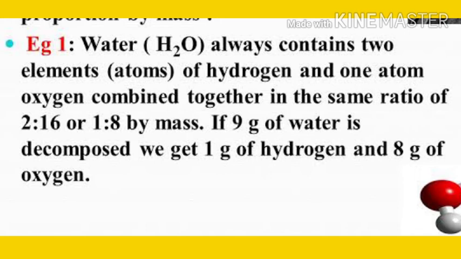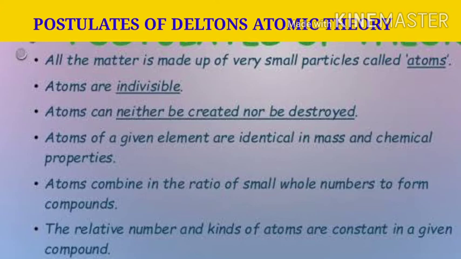Now we will move to the next very important topic, and that is nothing but Dalton's atomic theory. Next are the postulates of Dalton's atomic theory. According to this theory, all matter is made up of very small particles called atoms. Atoms are indivisible.